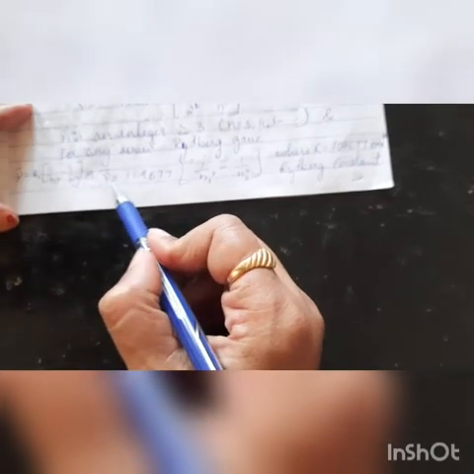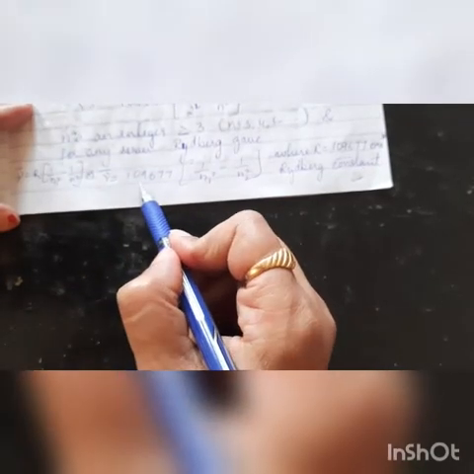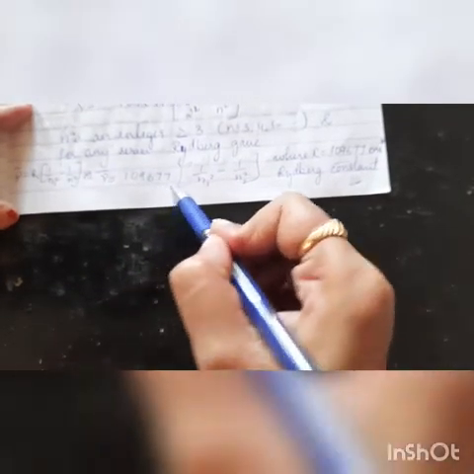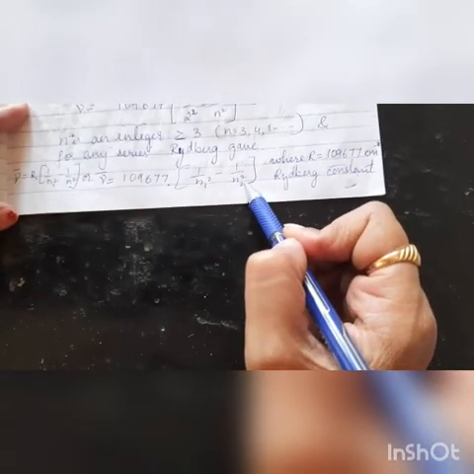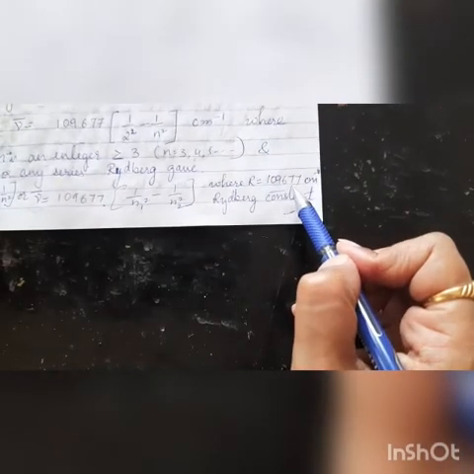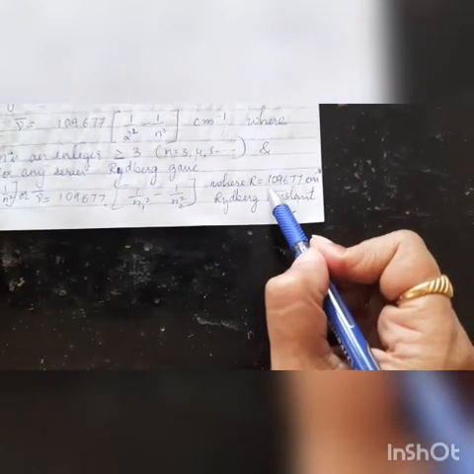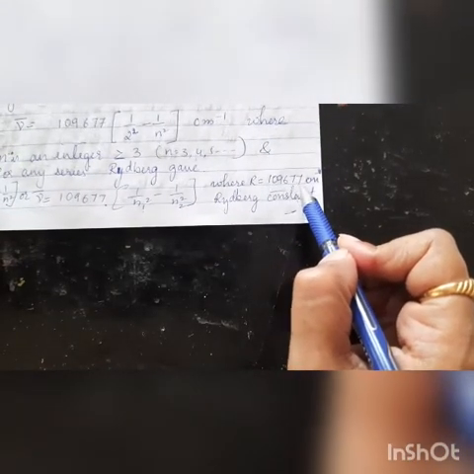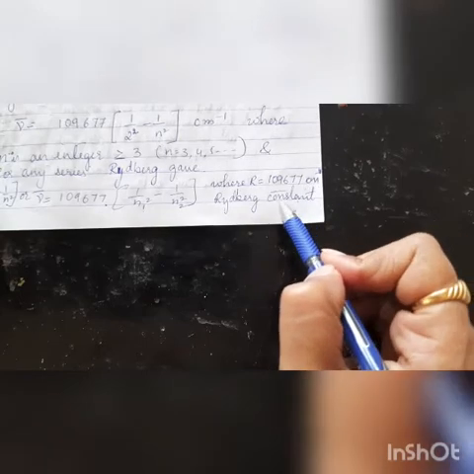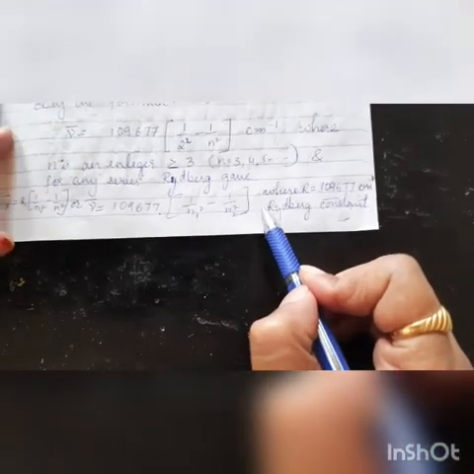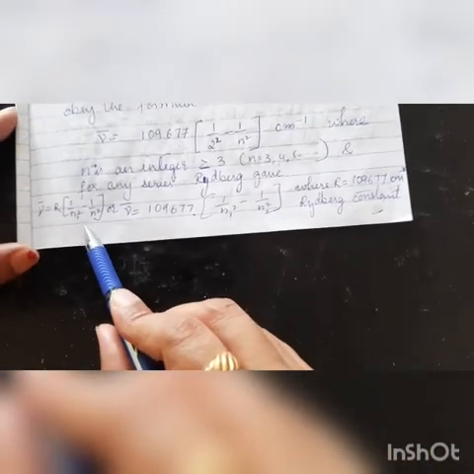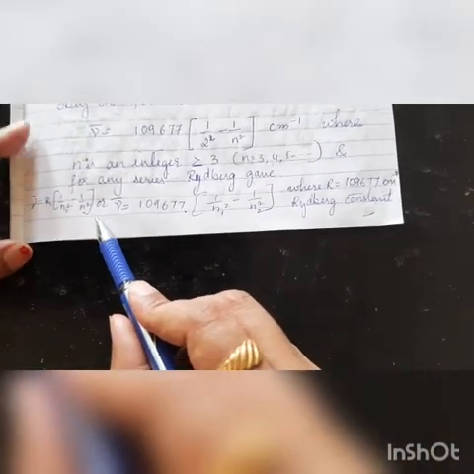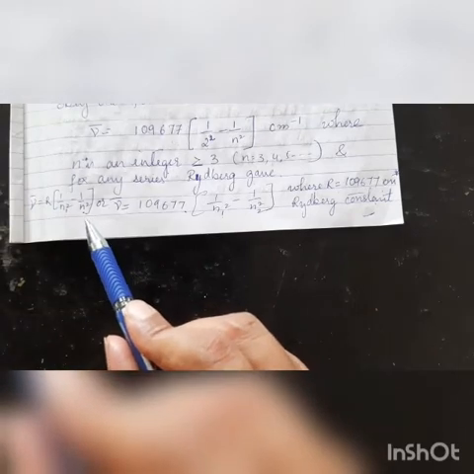It can also be written as nu bar is equal to 109,677 into 1 upon n1 square minus 1 upon n2 square, where R is the Rydberg constant, equal to 109,677 per centimeter. This was the general equation given for the different lines in the hydrogen spectrum.